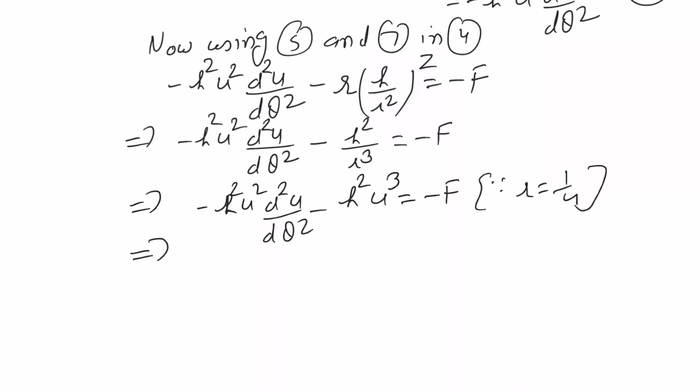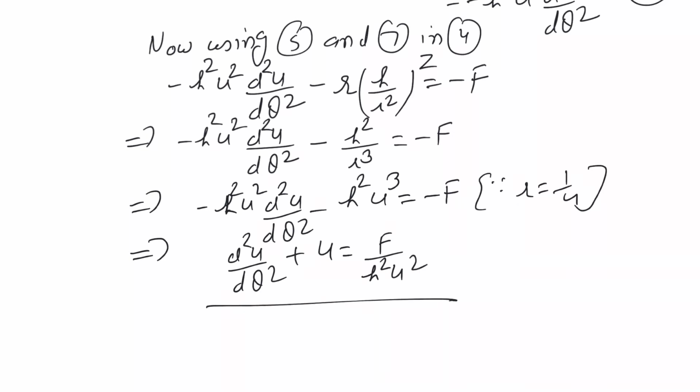This implies that d square u by d theta square plus u is equal to f by h square u square, minus being cancelled out throughout. This is the differential equation of central orbit in polar form. Why is it in polar form?